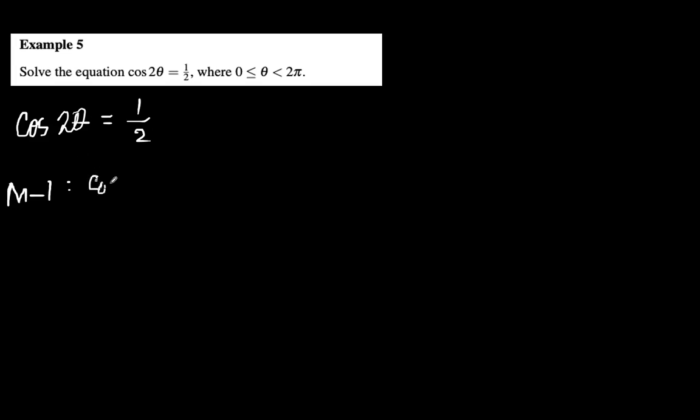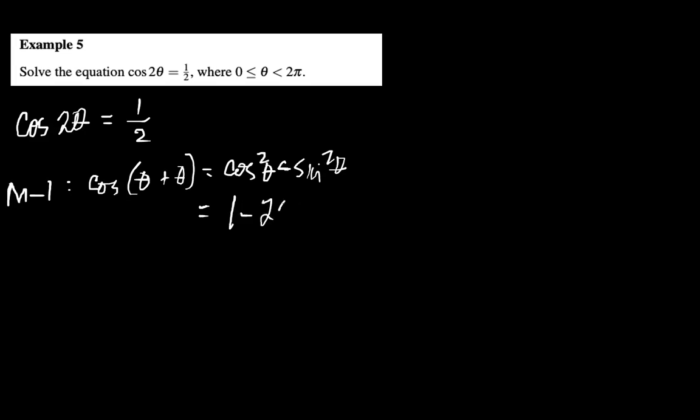We know that cosine of theta plus theta is equal to cosine square theta minus sine square theta, or this could be simplified into 1 minus 2 sine square theta.